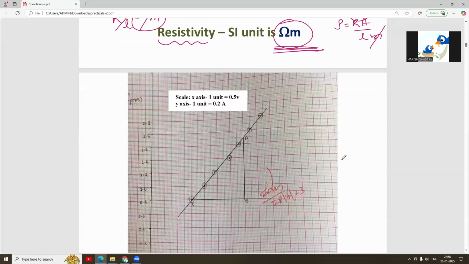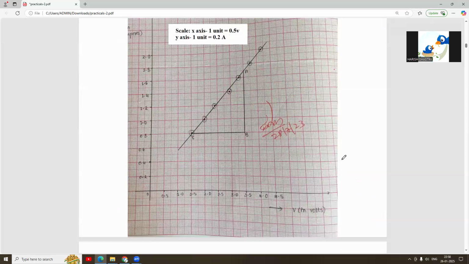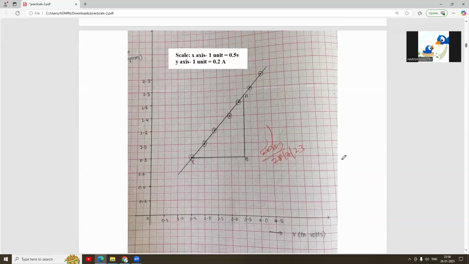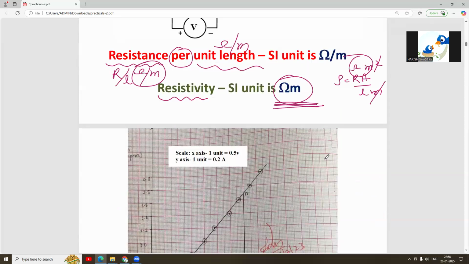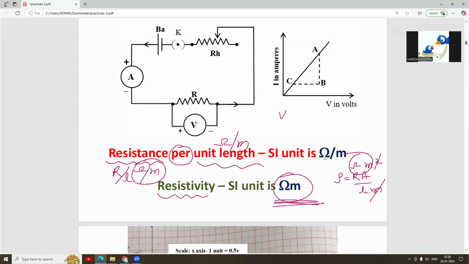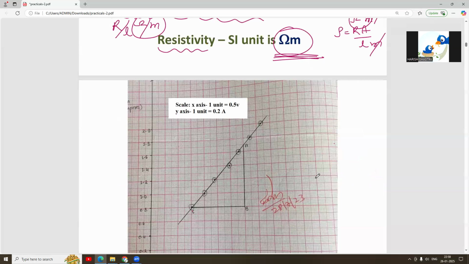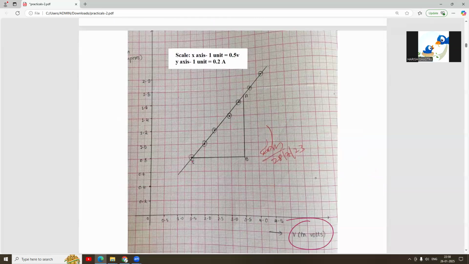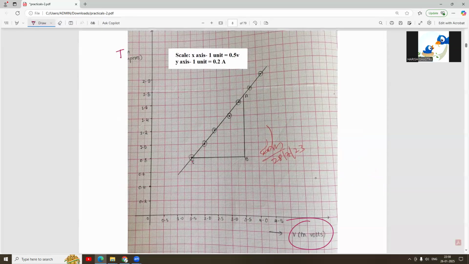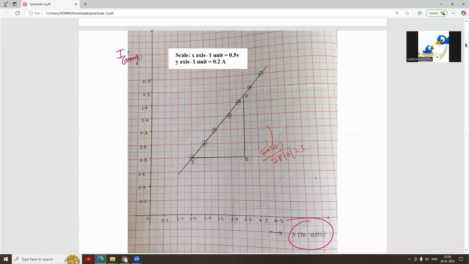And finding the slope. Remember, whenever you are finding the slope, for example in this experiment, you do the experiment for different voltages and different currents. You set some voltages and find out some currents, and then you draw a graph like this. Voltage is always along the x-axis in all the experiments, and current in amperes is on the y-axis.